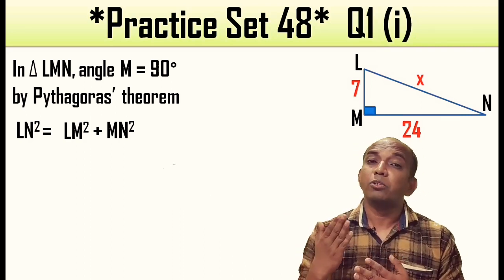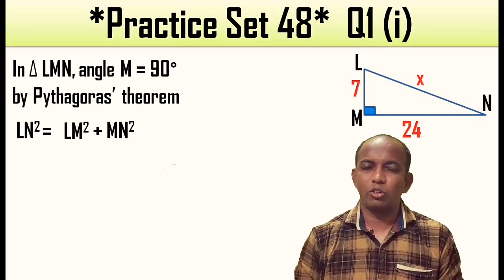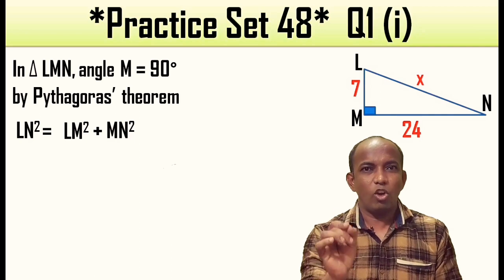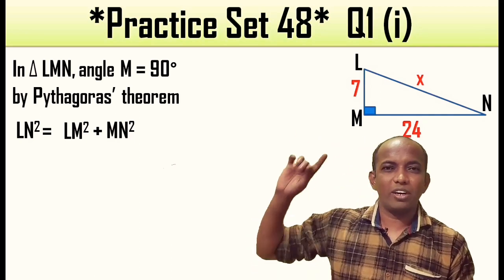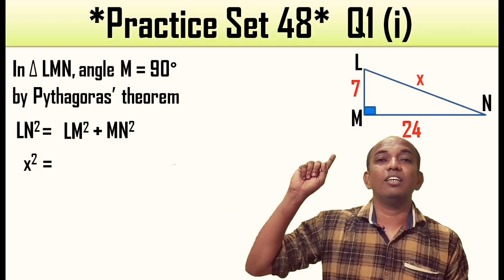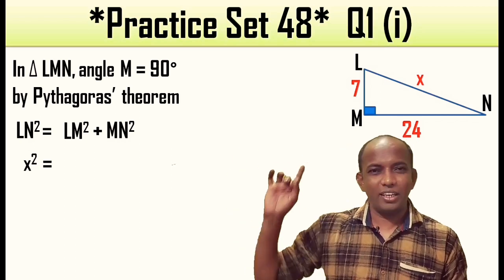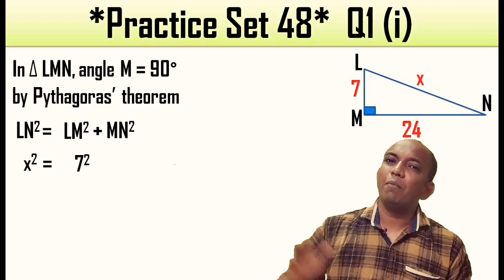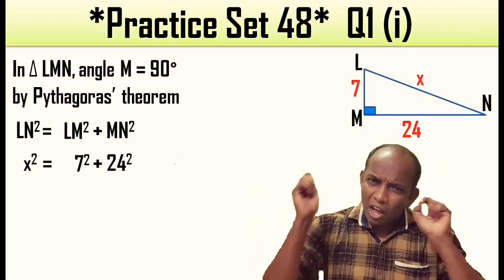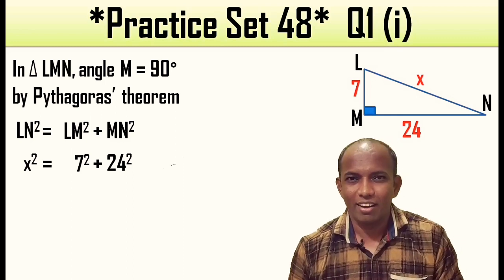Okay, after that substitute the values that you observe in the diagram. So what we have: LN square, the value of LN is x, so I'm going to write x square. The value of LM in the diagram is mentioned as 7, right? So I'm going to write 7 square, and then the value of MN is 24, so I have written 24 square. Do you have any idea how to find the square?